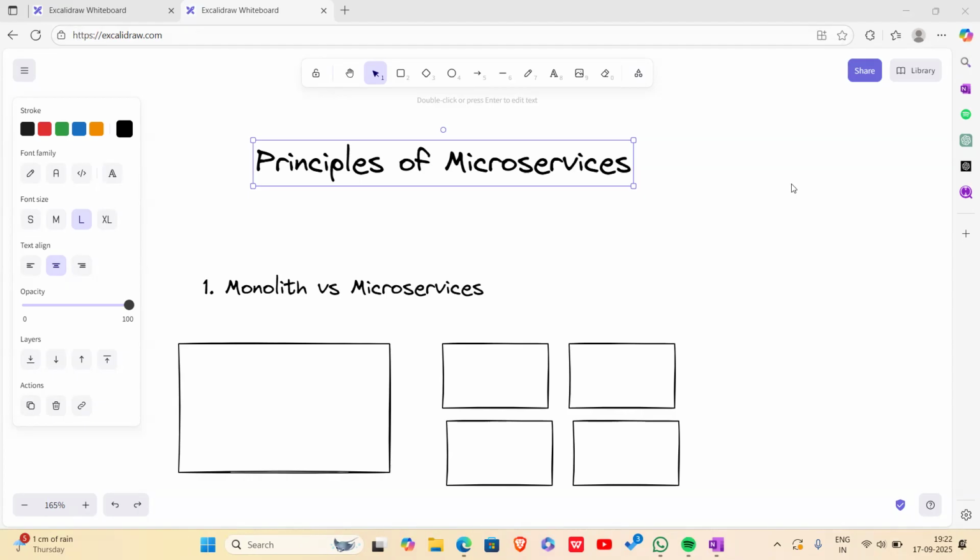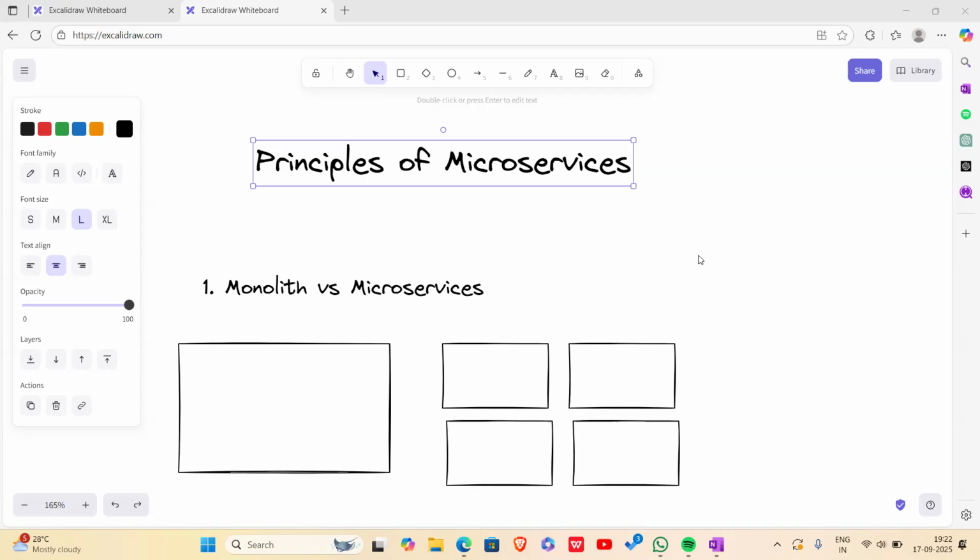Good afternoon, everyone. Today, I will be walking you through the journey from monolith to microservice architecture. This is one of the most important shifts in modern software development.